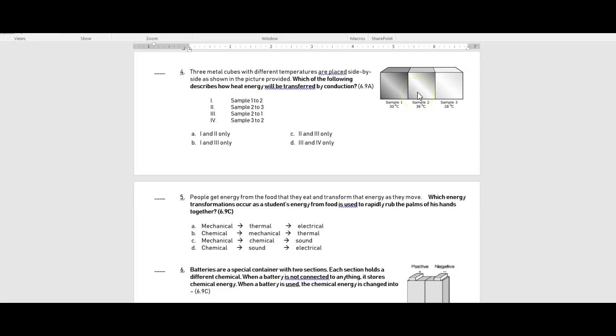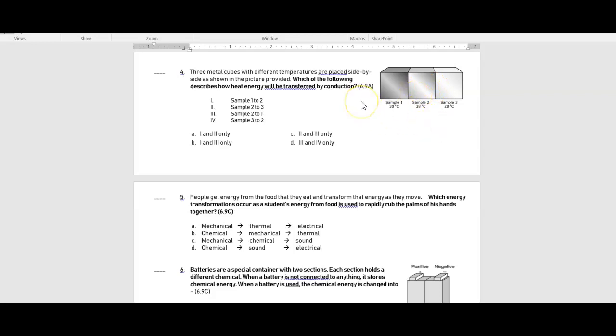Number 2 is from sample 2, so that's here, to sample 3, so it'll be going from the middle to the right. Number 3 is from sample 2 to 1, so it'll be from the middle to the left. And number 4 is from 3 to 2, so from the outside right into the middle.